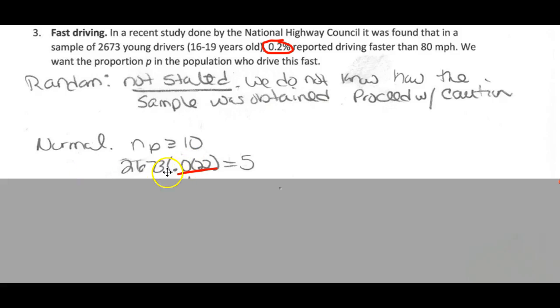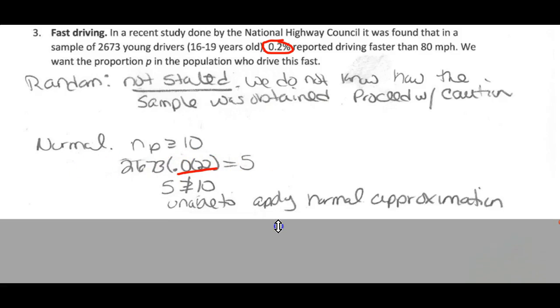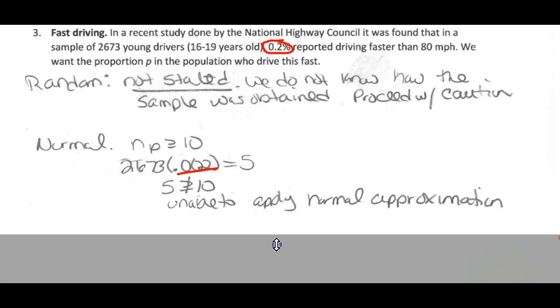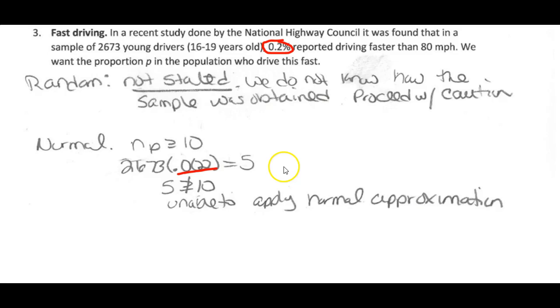So the proper decimal is 0.002, and that equaled 5. So already I have failed. I don't need to do the other side. I can't apply normal approximation to this. And if I can't apply normal approximation, what does that mean? It means I can't use z-scores.